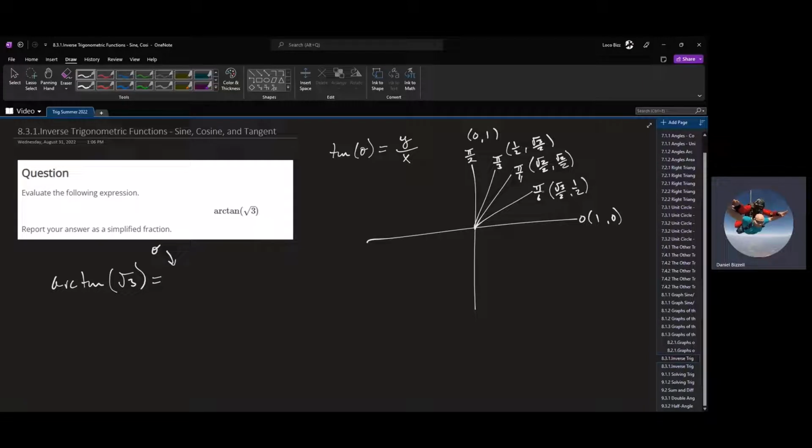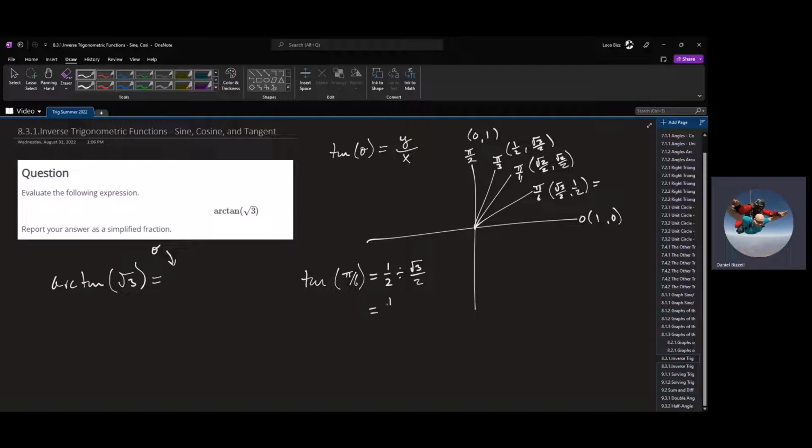So if we look at pi over 6, tangent of pi over 6 is going to be equal to the y component divided by the x component. So 1 half divided by the x component, which is square root of 3 over 2.